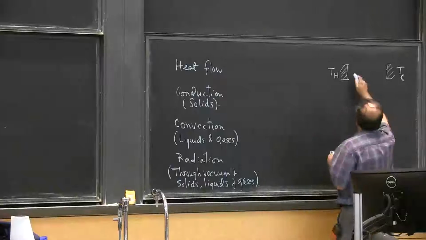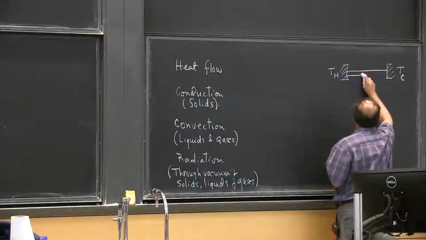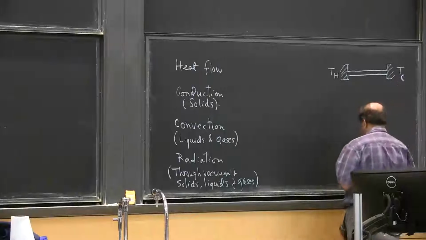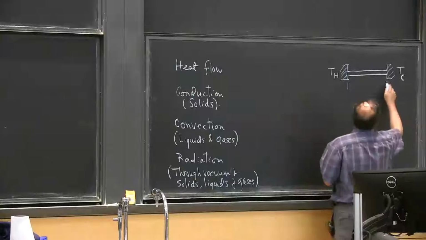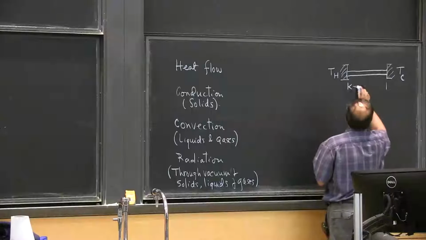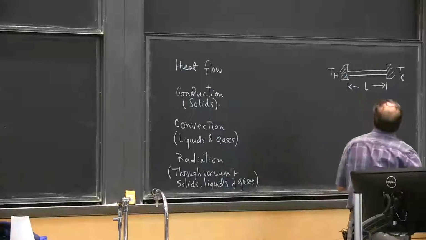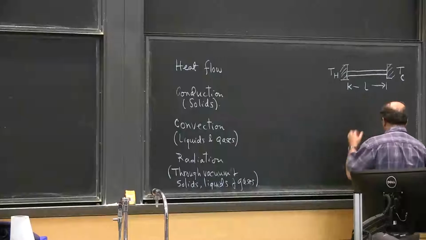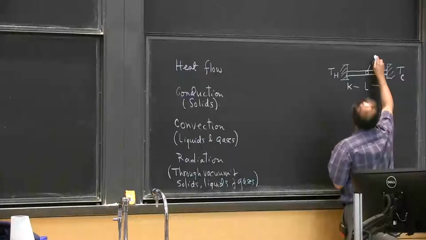Now I take a rod, let's say a metal rod or a glass rod or whatever, and connect the two. And say the rod is of length L, and the rod has a cross-sectional area A. So the cross-sectional area here is A.